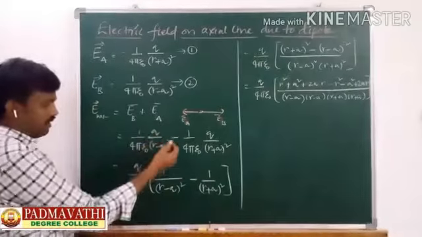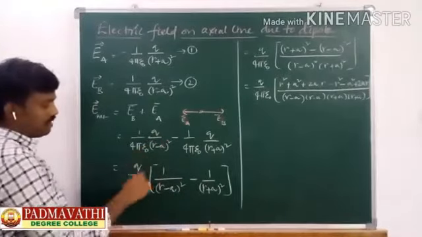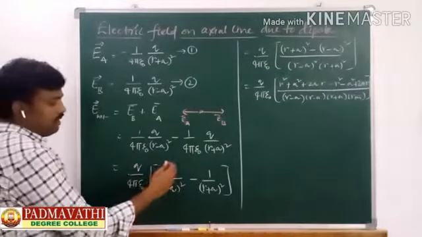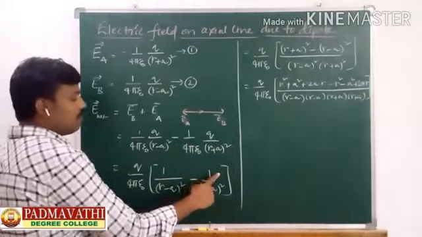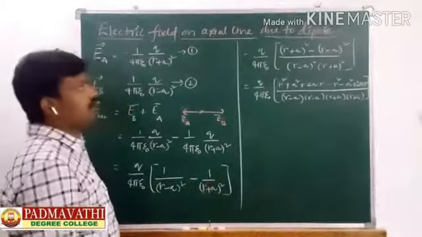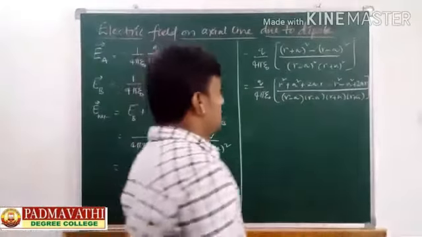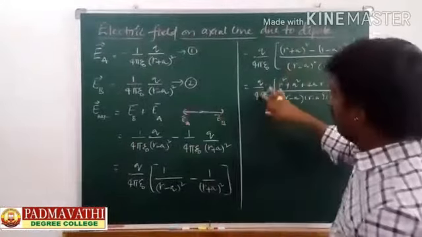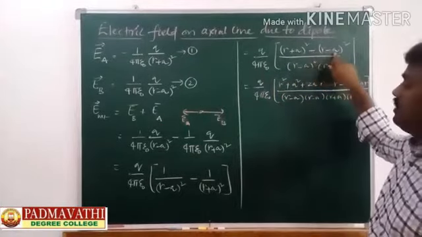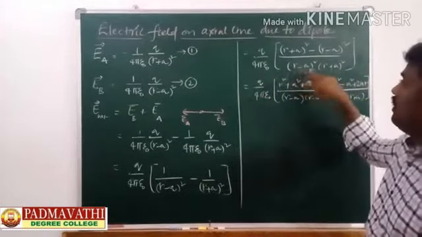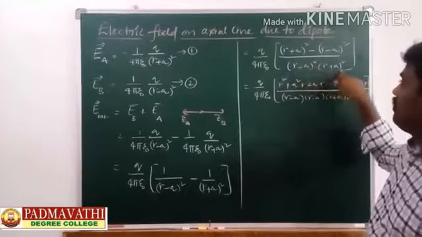And now while taking the common factor Q by 4 pi epsilon naught, we are left with 1 by (R minus A) whole square minus 1 by (R plus A) whole square. And here taking the LCM, you will get (R plus A) whole square minus (R minus A) whole square divided by (R minus A) whole square into (R plus A) whole square.